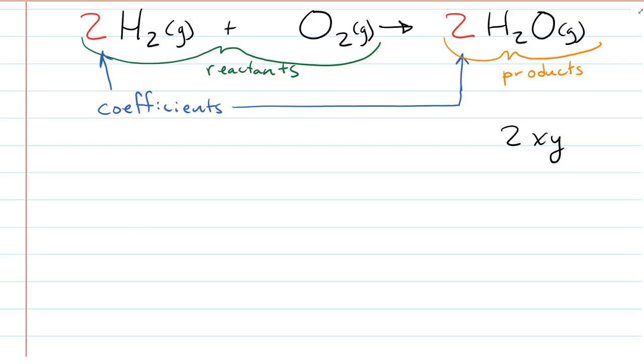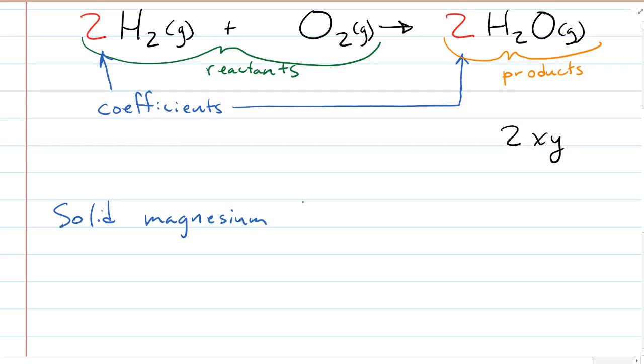So solid magnesium reacts with... what do you suppose it reacts with? Oxygen. Good. Whenever you see something burn, you should always assume that what it's reacting with is the oxygen in the air. So solid magnesium reacts with oxygen gas.